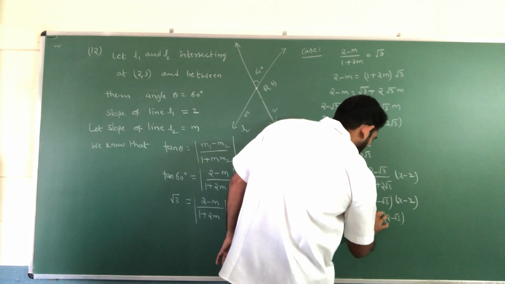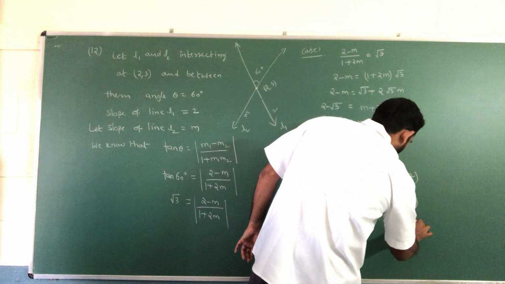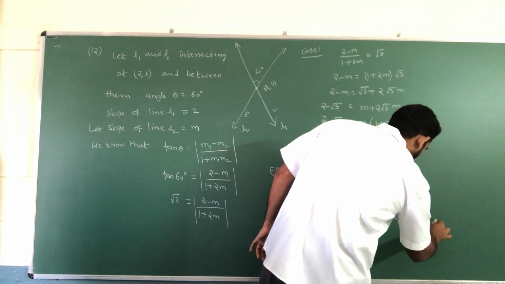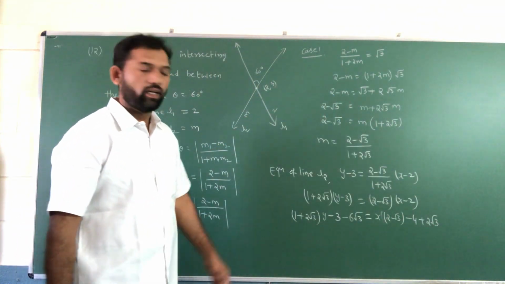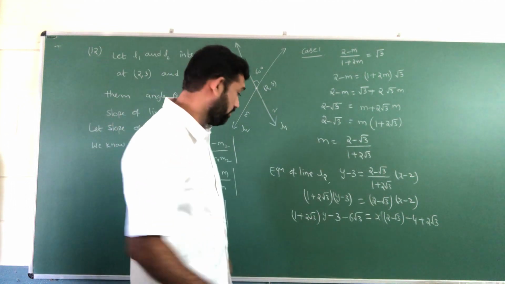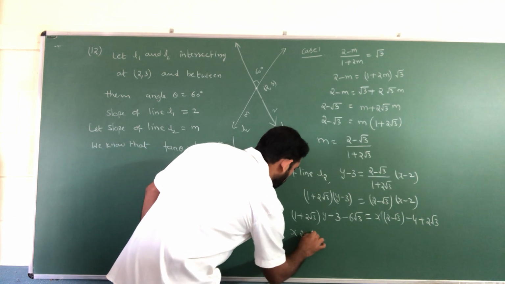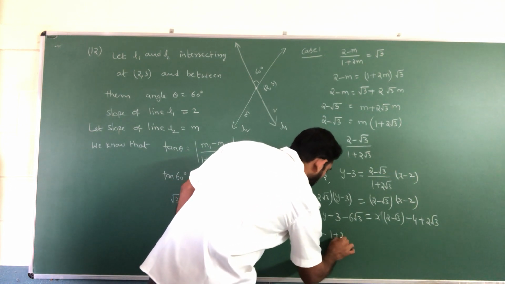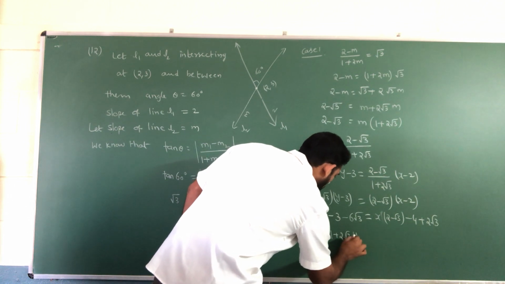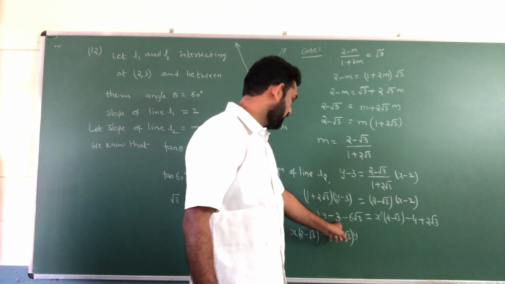Again minus 2 is multiplied: minus 2 into 2 is minus 4, plus 2 root 3. So write all values on one side. We directly write that equation: x into (2 minus root 3) minus (1 plus 2 root 3) into y. Next values, this is minus 3.